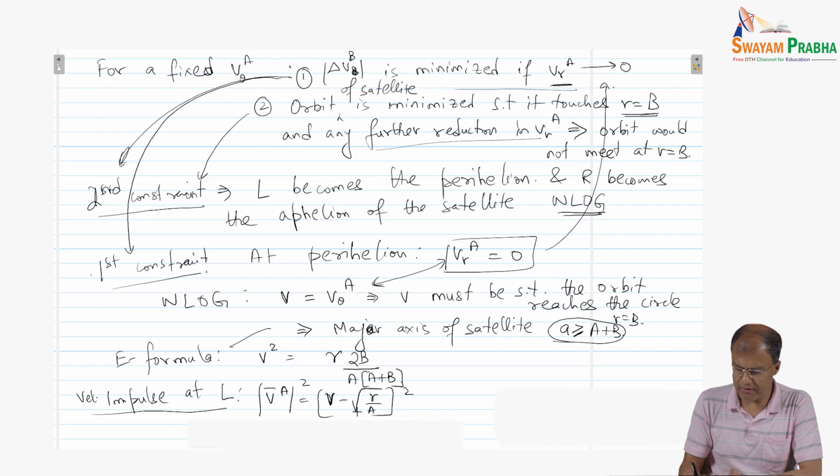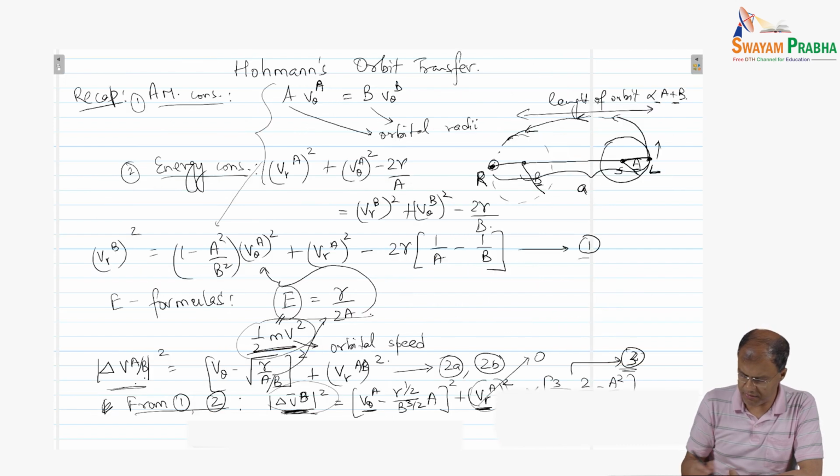Remember the theta, so this is the total change in speed at liftoff, and delta v B square, that is at the point of landing, will be equal to v minus square root gamma a by square root b cube. Where are we getting this from? This is coming from the previous formula here, this quantity. Notice, right? We have taken VRA to be 0 here.